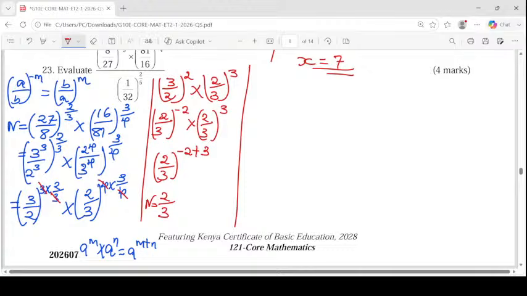Then with our denominator, we have 1 over 32 being raised to the power of 2 over 5.